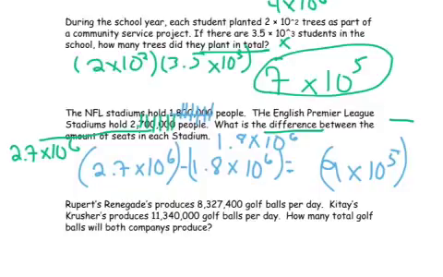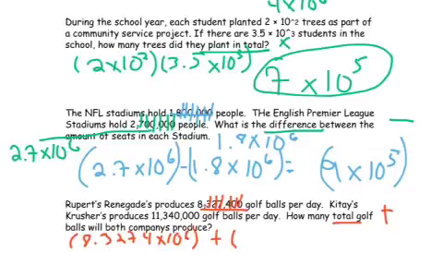Lastly, we talk about Rupert's Renegades, and I want to know how many total golf balls will both companies produce. I want to know the total between two companies, so I'm going to add them. So Catay's, if I would put that into scientific notation, I would have, make sure to put in parentheses, 8.3274 times 10, and I moved it 1, 2, 3, 4, 5, 6.